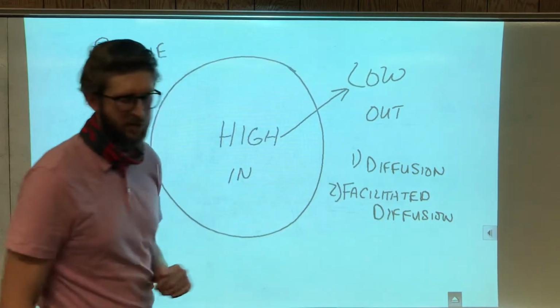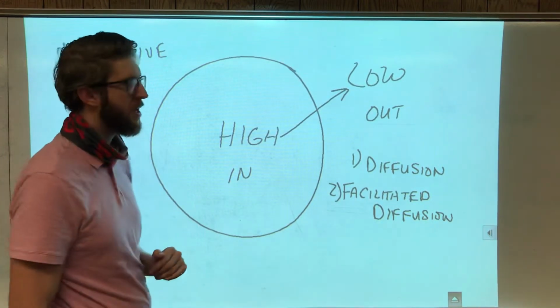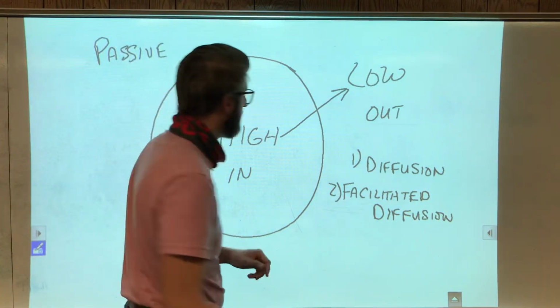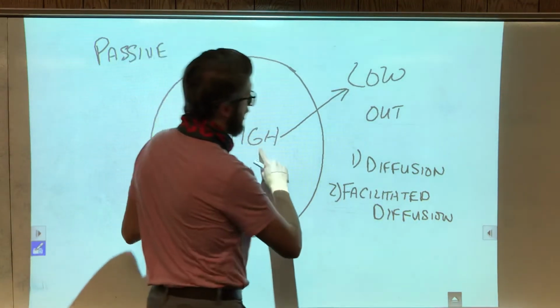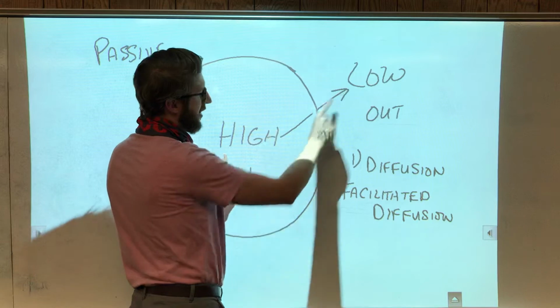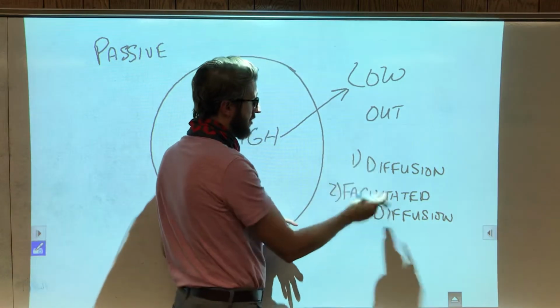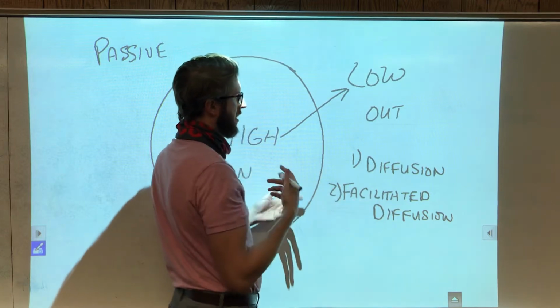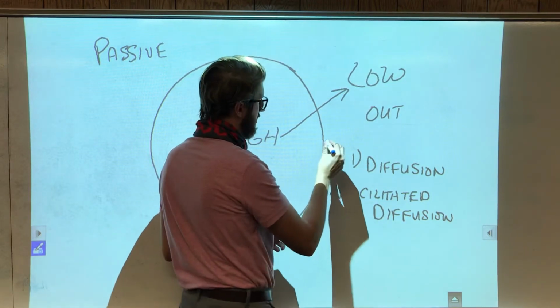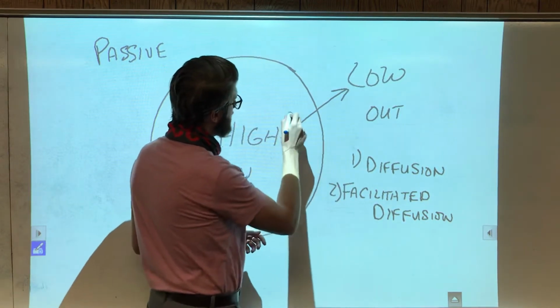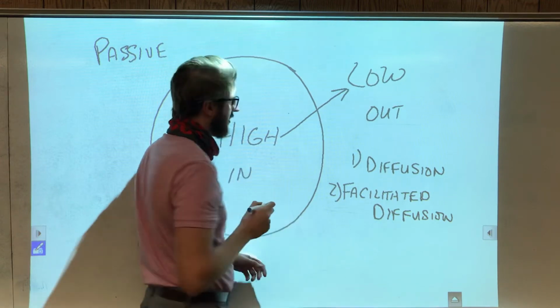Did I say three different kinds? Well, I meant two different kinds, sorry. So we go from in to out, high to low. Now, once again, the difference between diffusion and facilitated diffusion is how big the thing is. So let's say that the thing is teeny tiny.